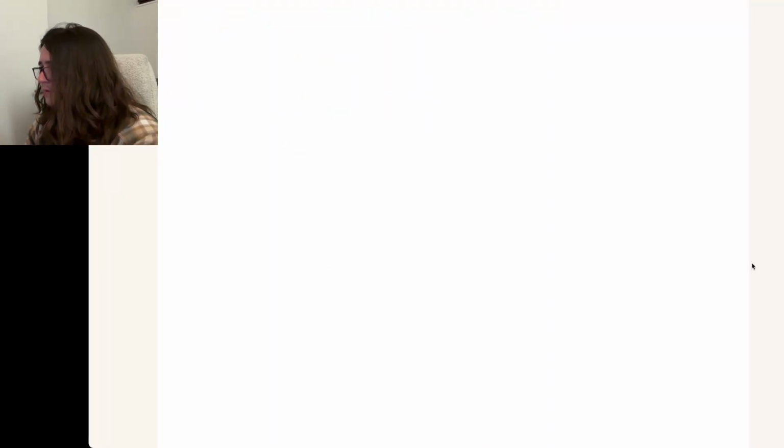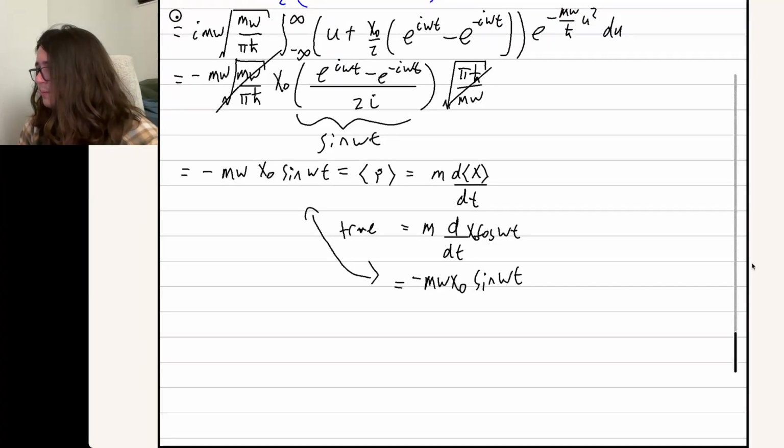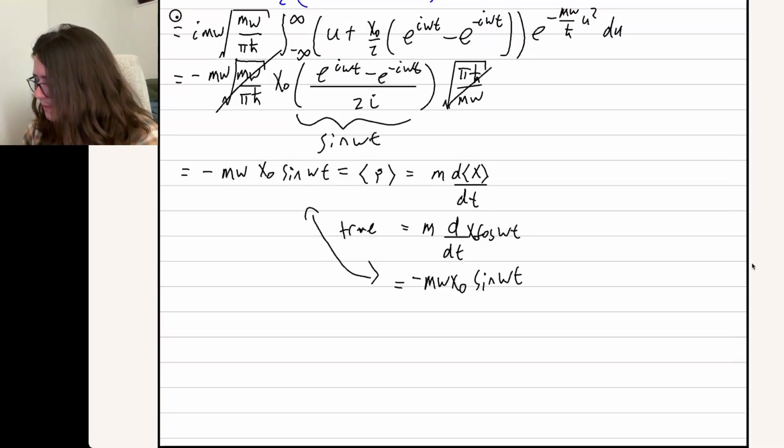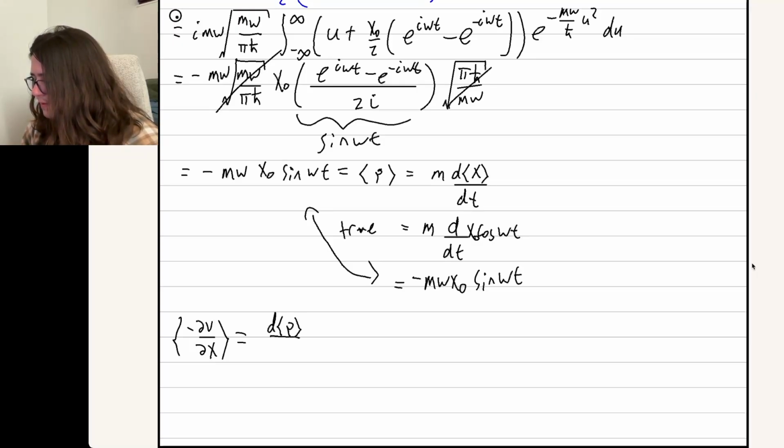But Griffiths does ask us to do a pretty specific form of Ehrenfest's theorem. That is that the expectation value of the force is equal to the change in momentum with respect to time. So we know what the potential is. It's just m omega squared x squared over 2, right?